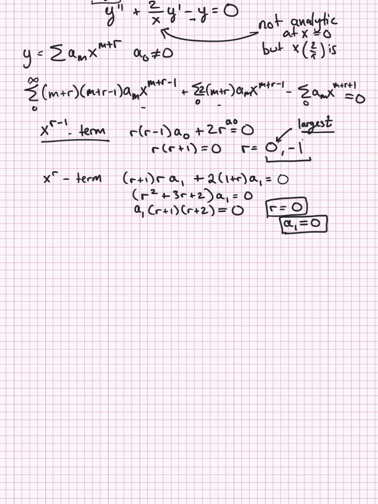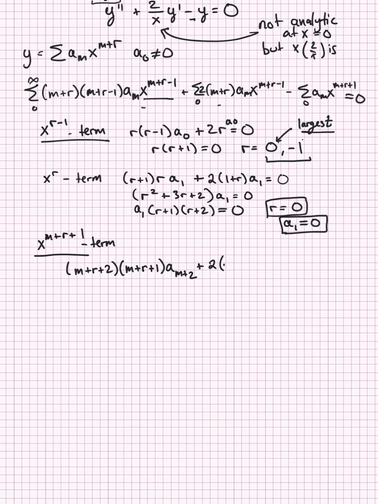So let's see what we get in the recurrence relation. Now we're going to look at the x to the m plus r plus 1 term. I could set r to be 0, but I'll do it generally here. The contribution from the first series is m plus r plus 2 times m plus r plus 1, a_(m+2), since this coefficient is shifted by 2.